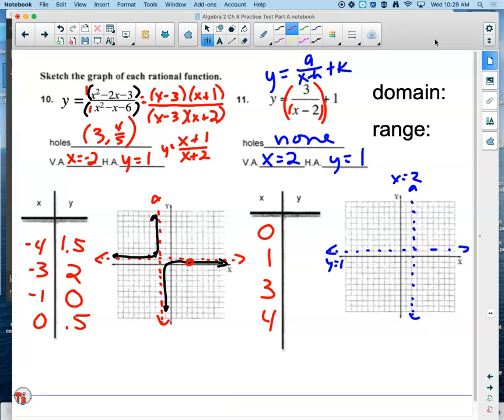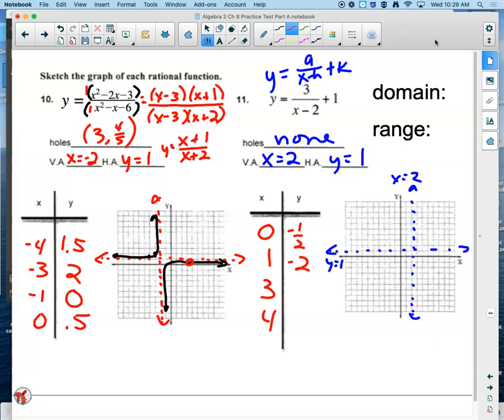So I'm going to get these parentheses off of here, so that doesn't mess with anybody. Put a 0 in there, and you'll get 3 over -2, which is -1.5. -1.5 plus 1, -1/2. Put a 1 in. 1 minus 2 is -1. 3 divided by -1 is -3. -3 plus 1 is -2.